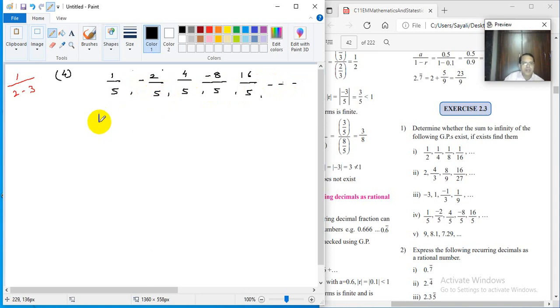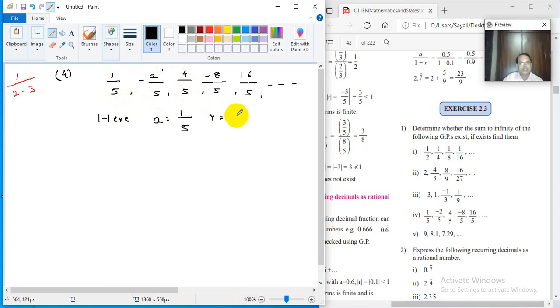So now here A is 1 upon 5 and R is, बघा 1 upon 5 ला मी -2 ने गुणलं की -2/5 मिळणार, त्याला -2 ने गुणलं की 4/5 मिळणार. These are simple calculations.